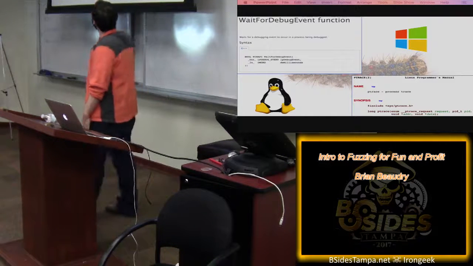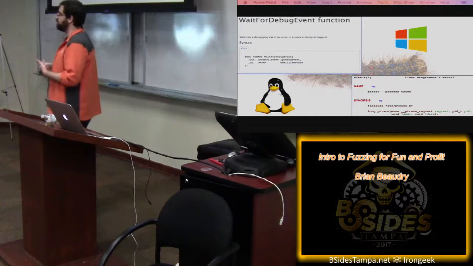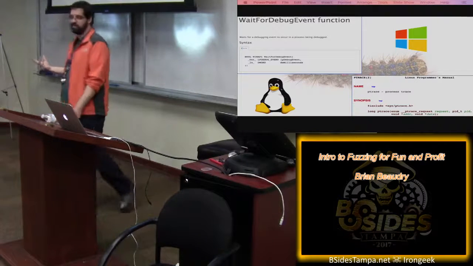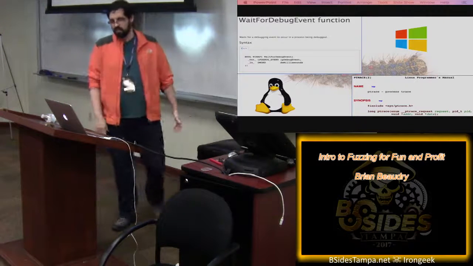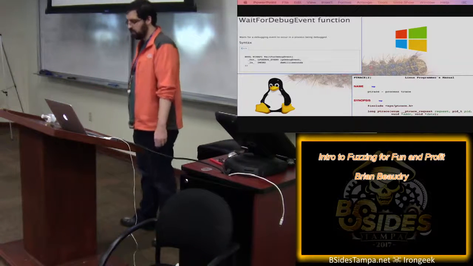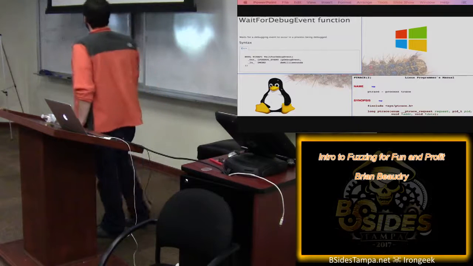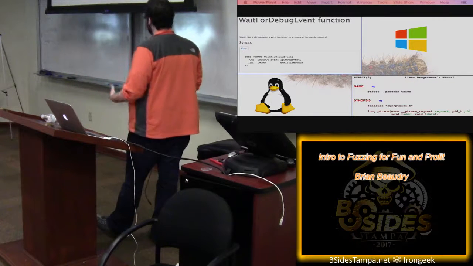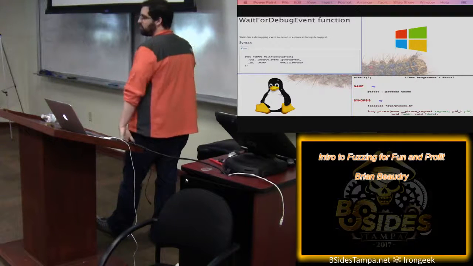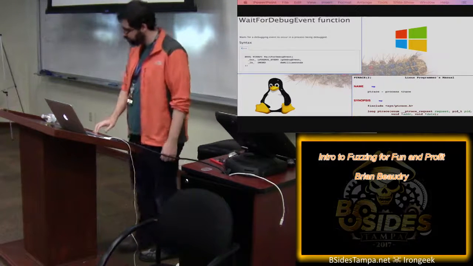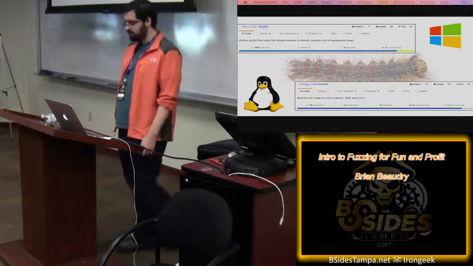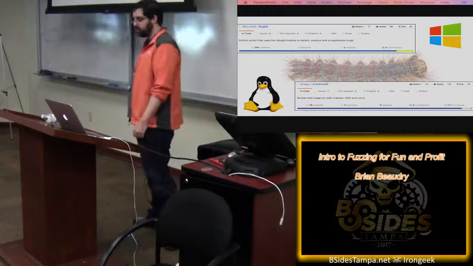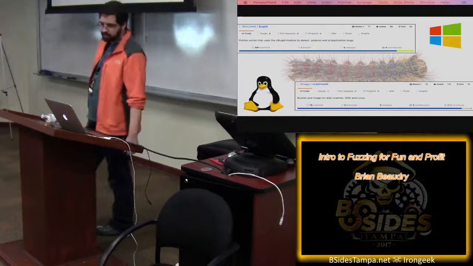Then you just use WaitForDebugEvent in a loop, to see if anything of interest is ever happening. Same kind of thing on the Linux side, ptrace. It's not identical, but it does the same thing: it polls for, let me know when something interesting is happening.